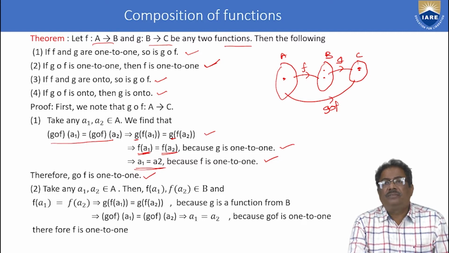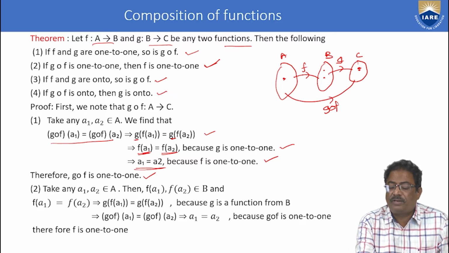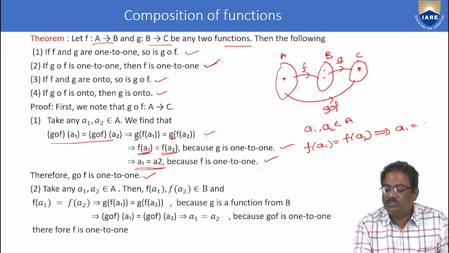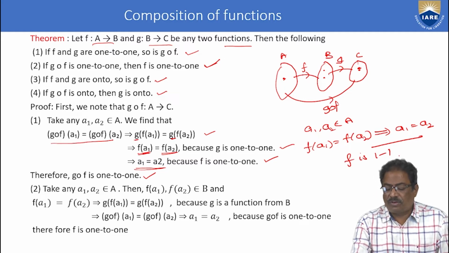For proving this, g of f being 1 to 1 is given, and we have to prove f is 1 to 1. We take any two elements a1, a2 belonging to A, take f of a1 equal to f of a2, and then finally prove that a1 is equal to a2. Then I can say that f is 1 to 1. This is the way we are going to prove it.